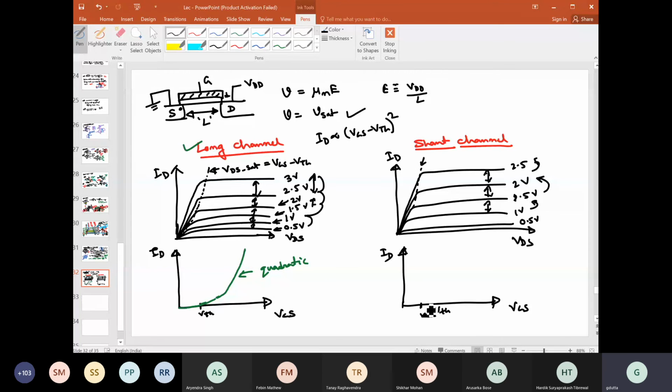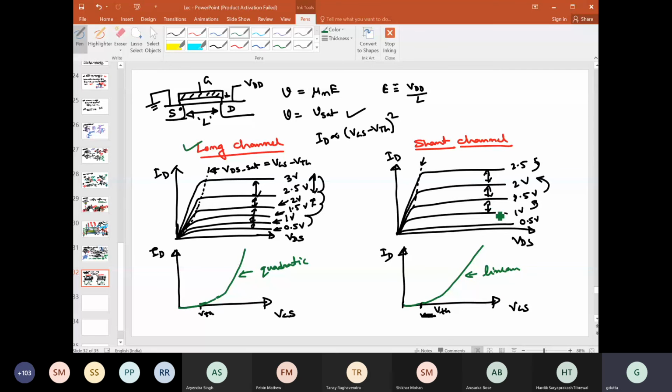But we are not focusing on the threshold voltage at this moment. Here our intention is only on the value of ID and its behavior. So here it is 0. Beyond that, for a small region, it will be a type of quadratic. Then after that, it will be a type of straight line. It will increase linearly.